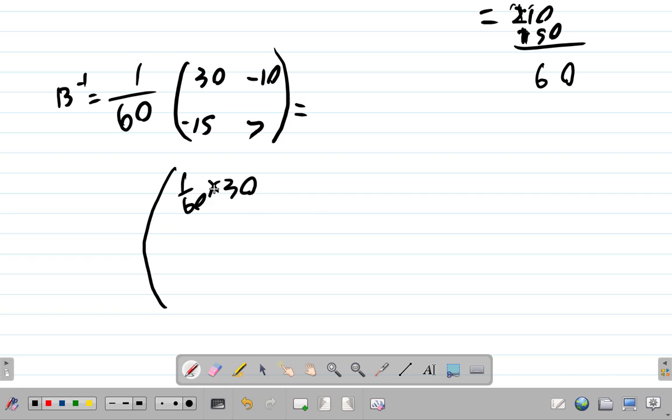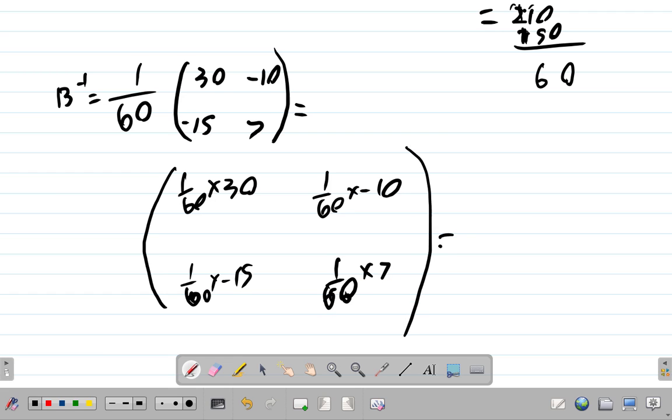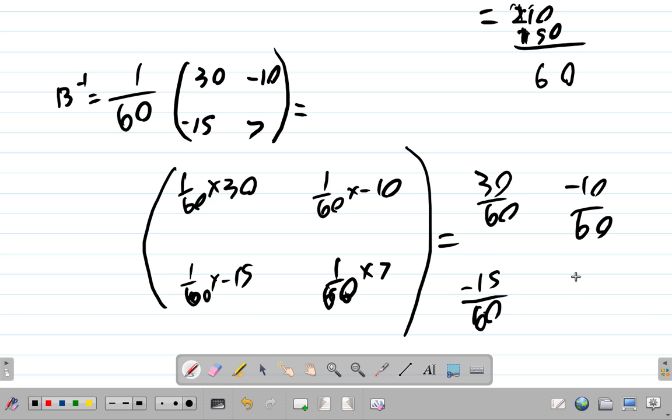So it's 1/60 times 30, 1/60 times -10, 1/60 times -15, 1/60th times 7. So you have 30 over 60, negative 10 over 60, negative 15 over 60, 7 over 60. You see that?